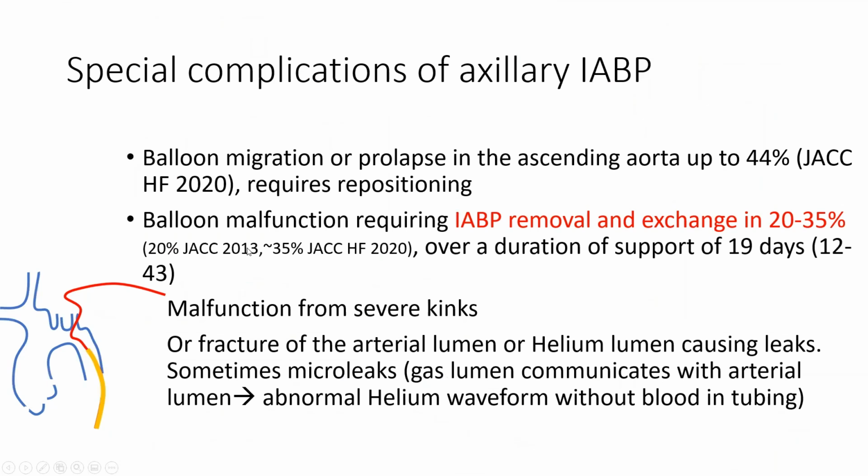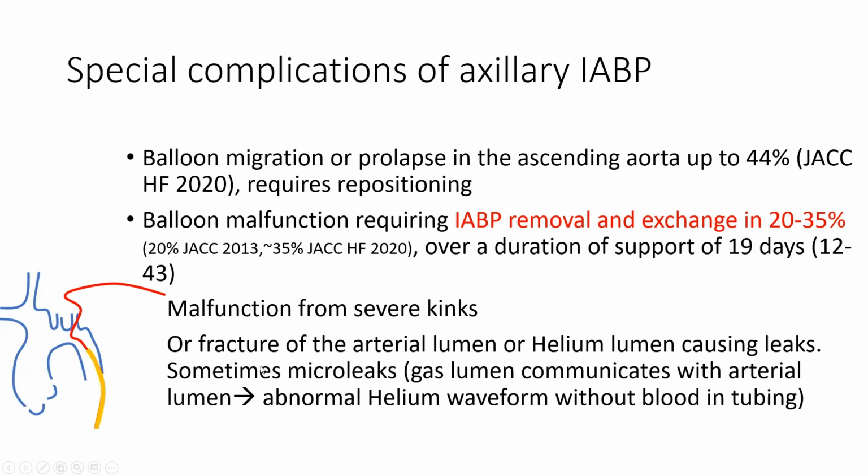Another complication of axillary balloon pump is that it has a higher rate of malfunction requiring removal and exchange in 20 to 35% of the cases over a duration of support of median 19 days. Why malfunction? Because of severe kinks, whether from the trajectory or especially from that malpositioning into the ascending aorta.